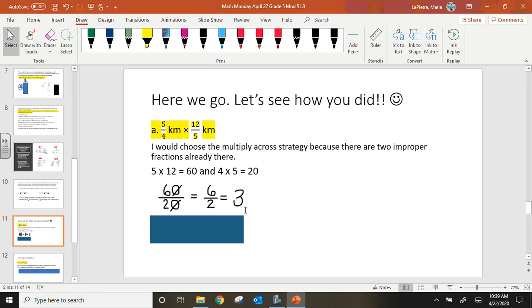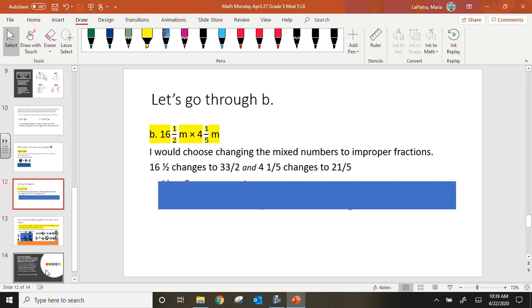So your answer is 3. Okay, let's go through B. 16 and a half meters times 4 1/5 meters. Okay, I would choose changing the mixed numbers to improper fractions. You could have done it the other way also. Totally up to you, which we will do.